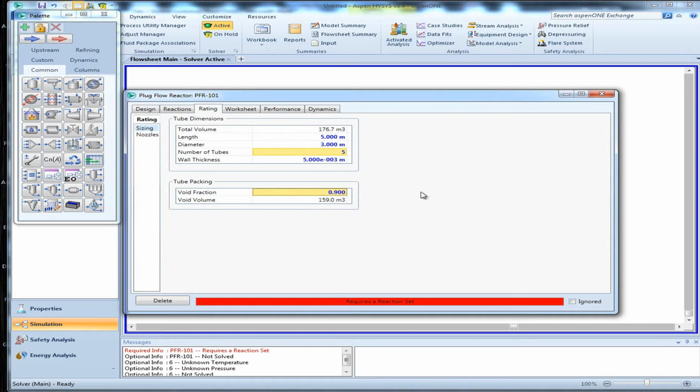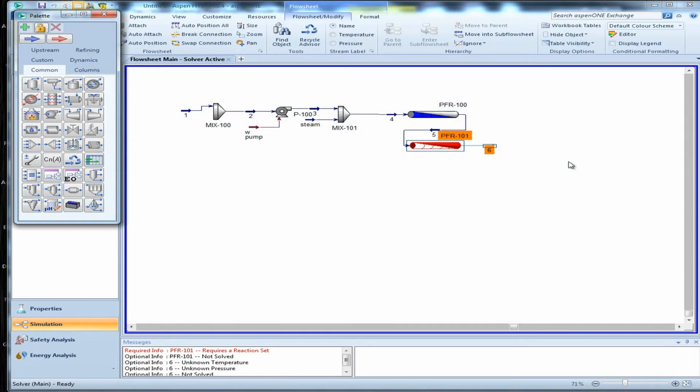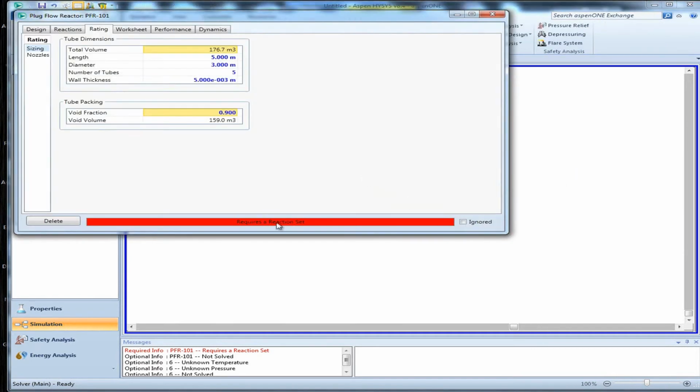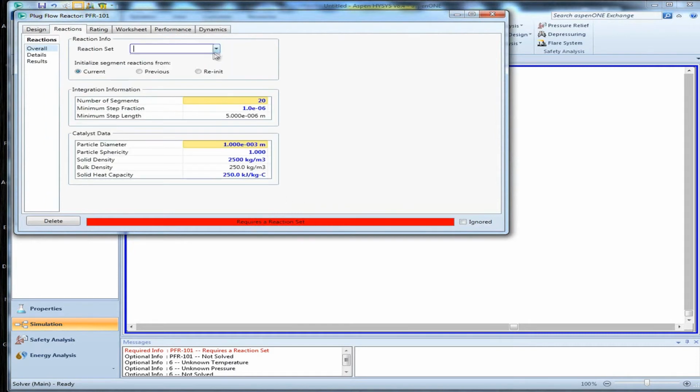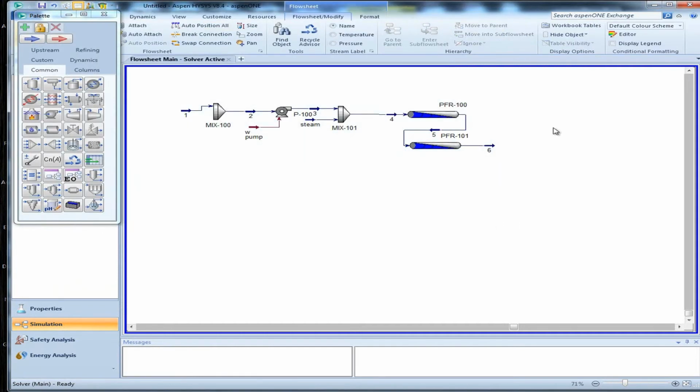And we do put some catalyst inside. See what I forgot? I forgot to add the reaction sets. Okay.